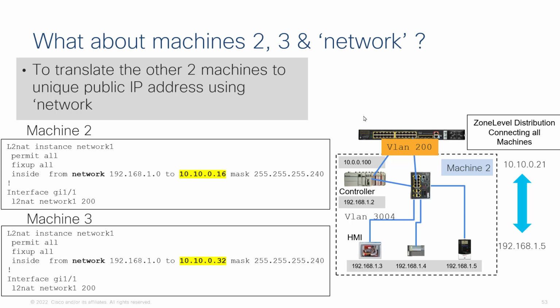And now if you look over on the right with the little blue arrow, you'll see that the component in machine 2 with 192.168.1.5 gets translated to 10.10.0.21. So only the last nibble is not translated, and the 16 is part of the resultant public IP address. And so machine 3, instead of having .21, would have had .37.